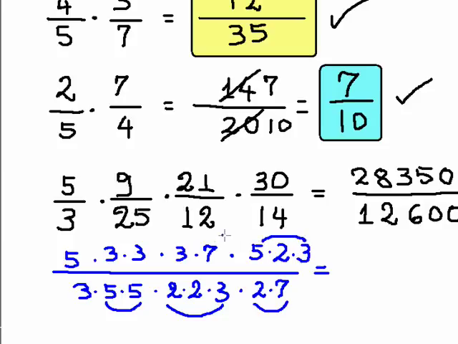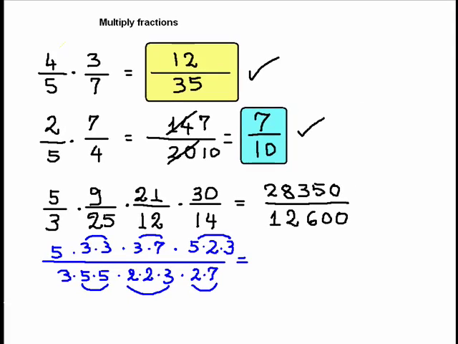Okay, beautiful. So remember, these are the numbers that you have on top. 9 is 3 times 3, 21 is 3 times 7, 30 is 5 times 2 times 3, and so on.